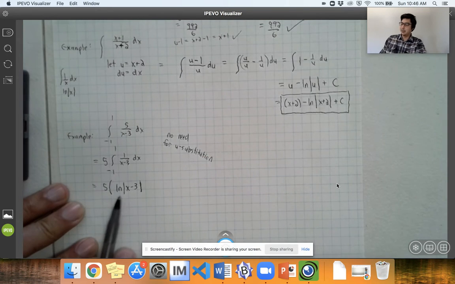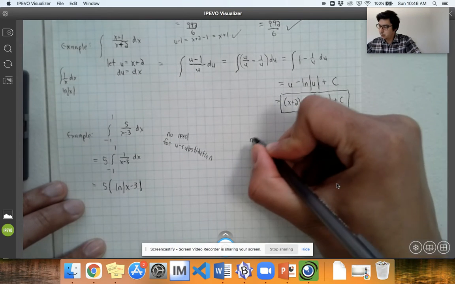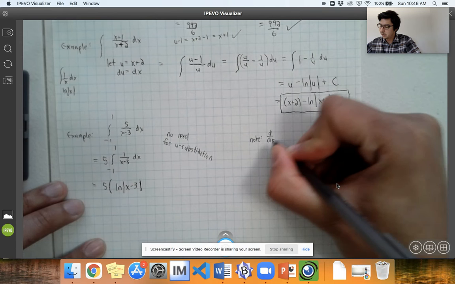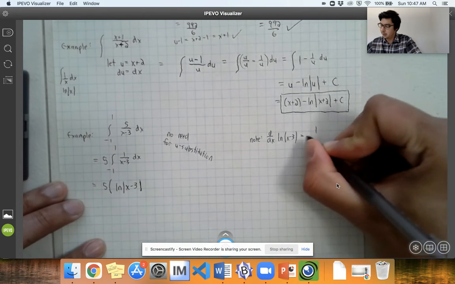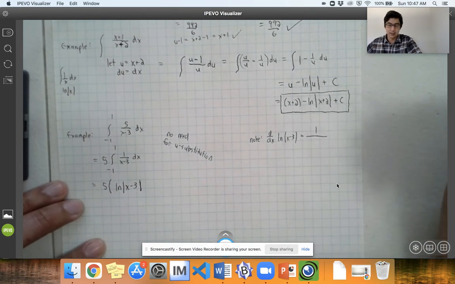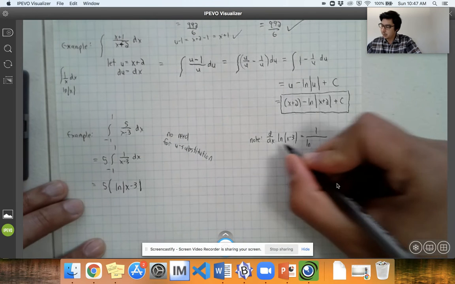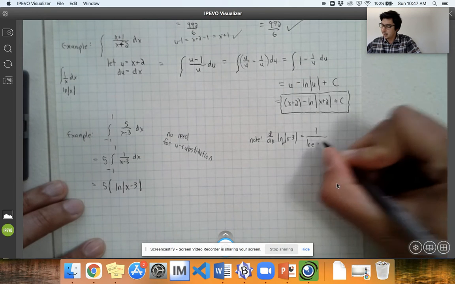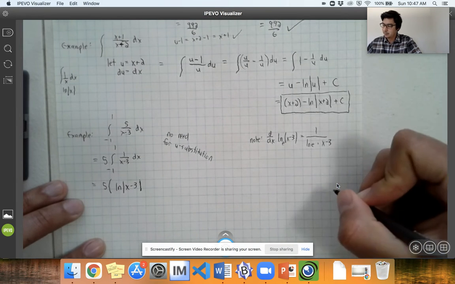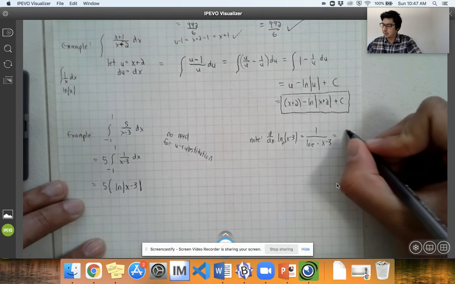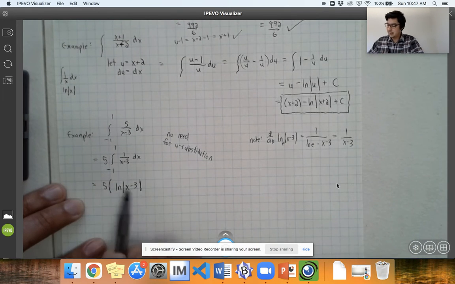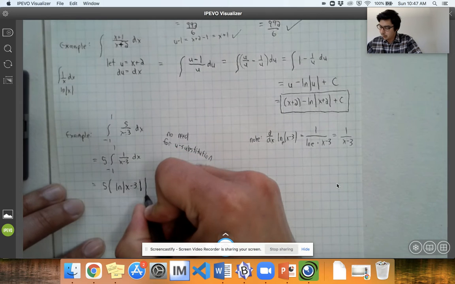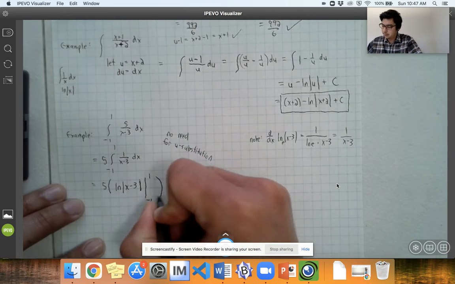Because again, a little side note, the derivative of natural log of x minus 3 is equal to 1 over, and this is for all logs, the natural log of the base, which the base here is e, times the function itself. Which notice natural log of e just goes to 1, so I get 1 over x minus 3. Okay. So there's the antiderivative, and we're going to evaluate from negative 1 to 1.